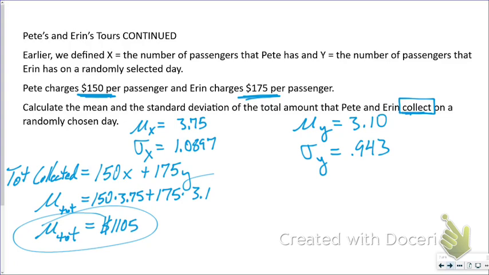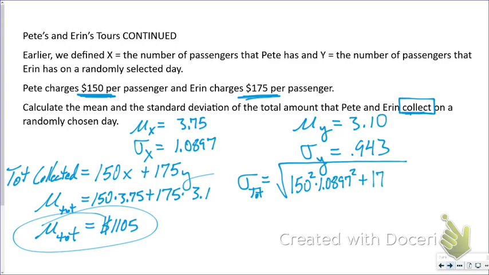Standard deviation is a little harder to do because you need to square everything in that function. First we're going to end up square rooting everything, but to combine them I need to square everything. So I'm squaring that 150 and the 175, and I'm plugging in the standard deviations in place of x and y.